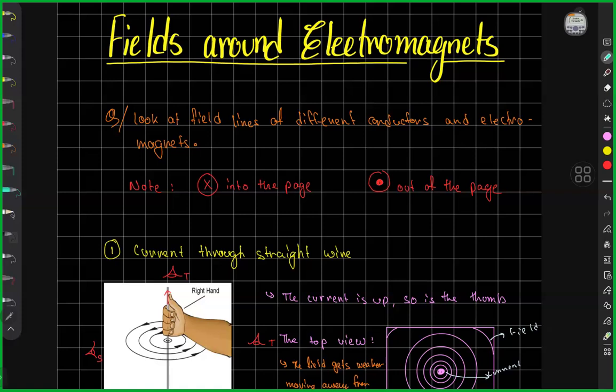So we know what field lines mean. That field direction I can denote by a cross or a dot. If I have a cross, the magnetic field is into the page.